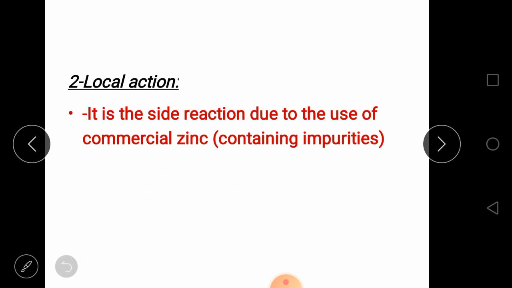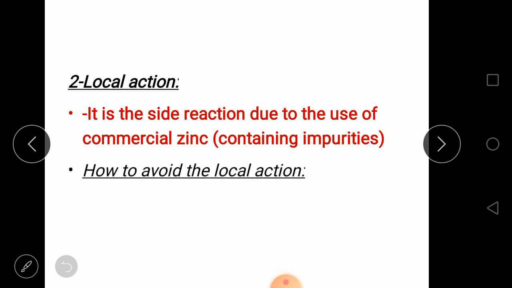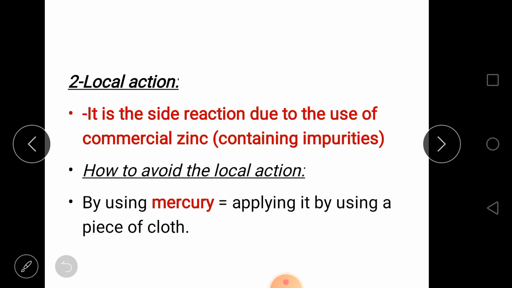The second problem is local action, which is the side reaction due to the use of commercial zinc containing impurities, and this can be solved by adding mercury, applying it using a piece of cloth.